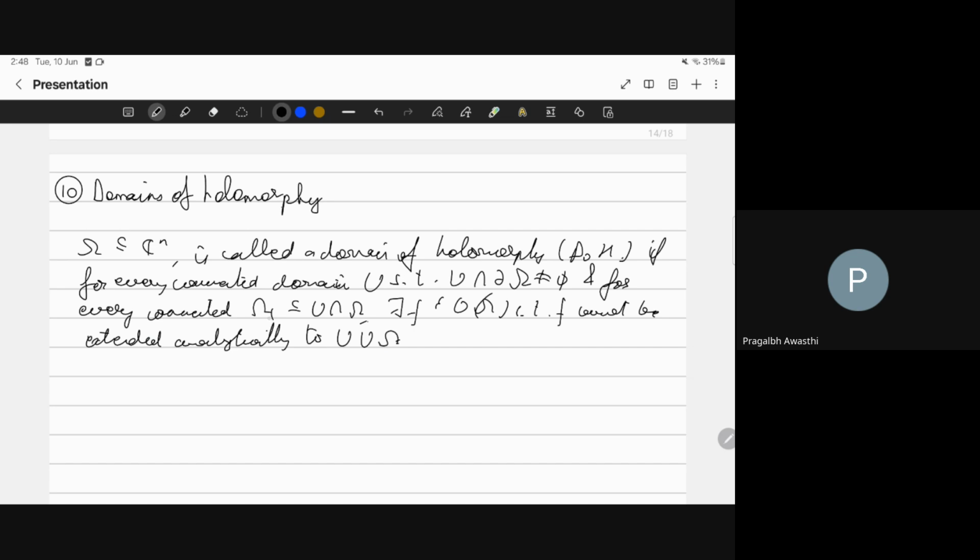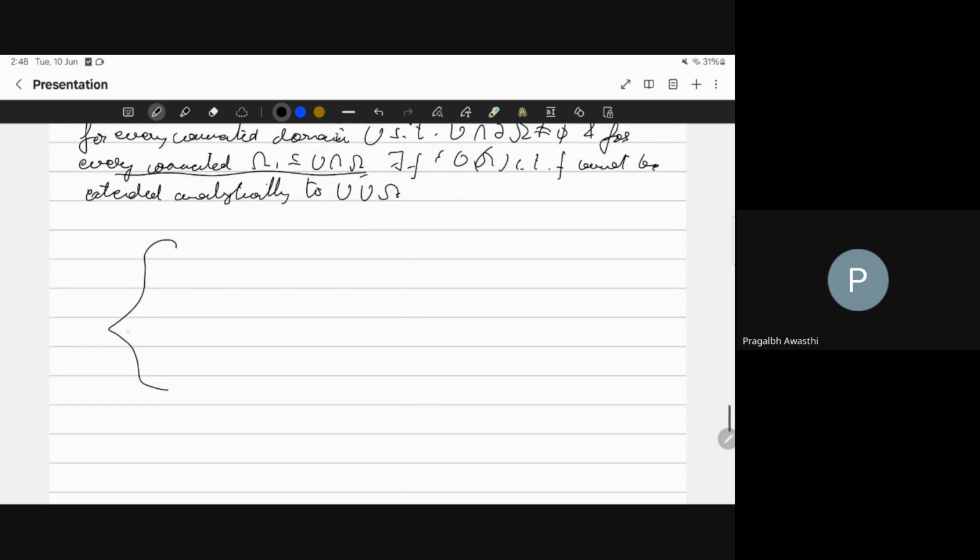So ignoring this every connected, what it's basically trying to say is that if you have some domain like this, and you have U which intersects it in sort of two parts, then this connected component and this connected component are treated separately, and for each one of them it's okay to find different functions.